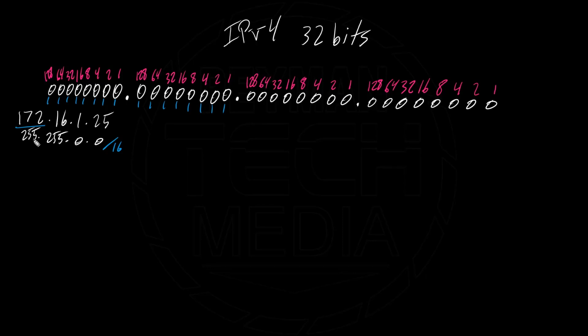If we convert the decimal to binary, 255 means 8 ones on the first octet, 255 again 8 ones on the second octet, 0 on the third octet, so we have 8 zeros, and on the fourth octet, 0, so again 8 zeros. So this is an example of default subnet mask using a class B IP address.